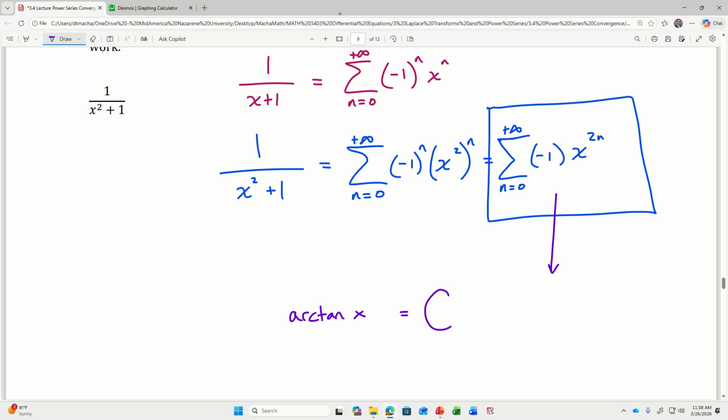It's going to be a constant plus... looking at this power series and taking an antiderivative means I'm going to have x to the power what? 2n plus 1, and then I divide by 2n plus 1, right? So it'll be negative 1 to the n power divided by 2n plus 1.